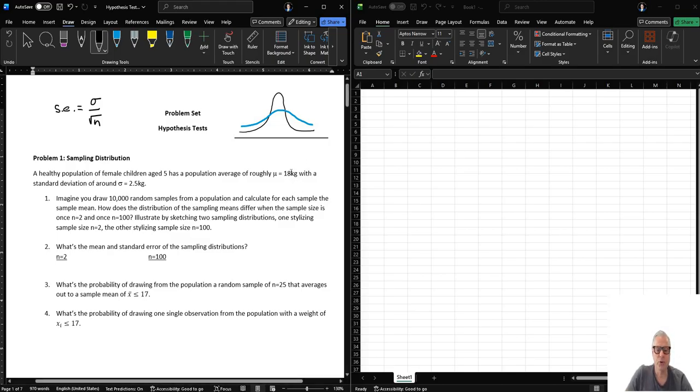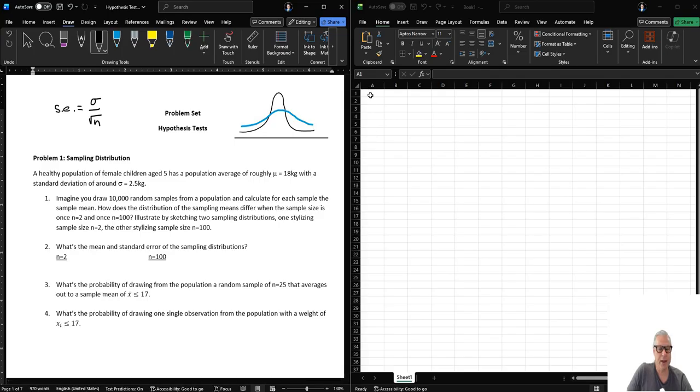So I know I want to draw two distributions with a mean of around 18, and I know that once you are 3-4 standard errors away in each direction, the values become 0. So I think because the standard error for the small sample size is around 2.5 over the square root of 2, so that's around 1.4.